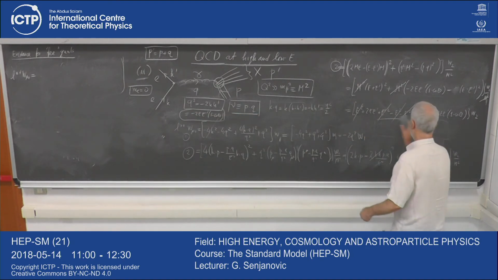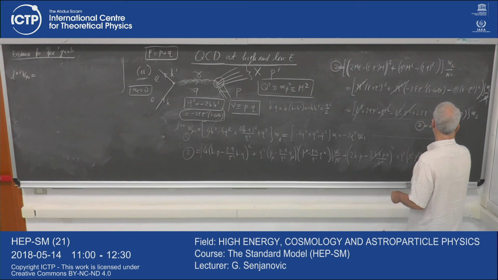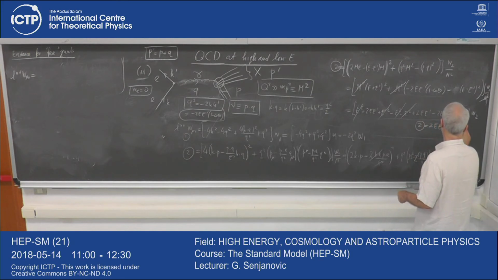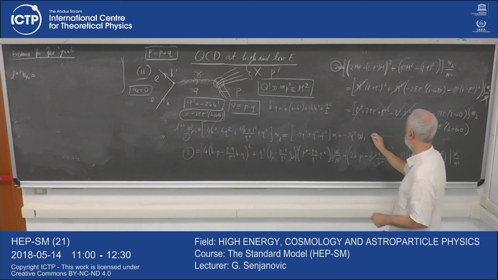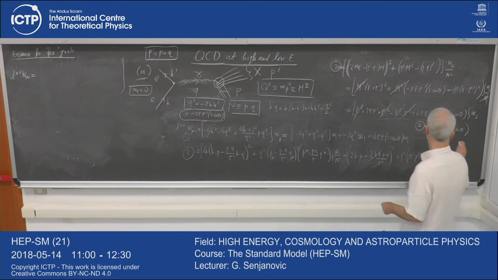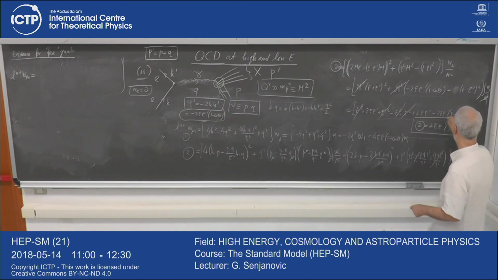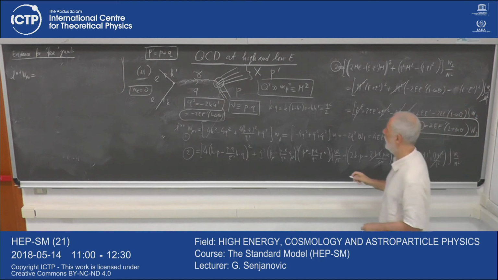Let me write this nicer. The second piece is equal to 2 E prime 1 plus cosine theta W2. And the first piece is equal to 4 E prime 1 minus cosine theta W1.